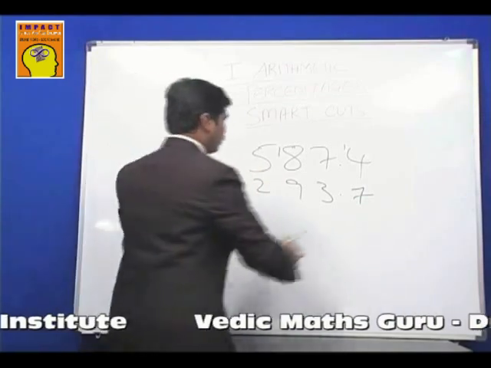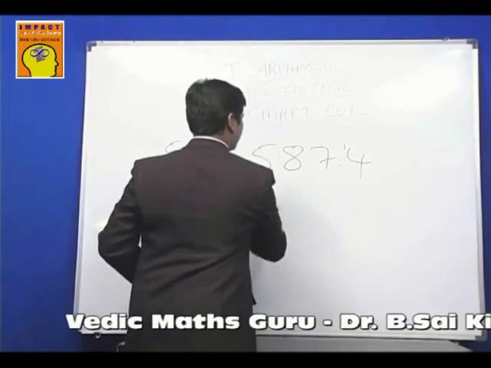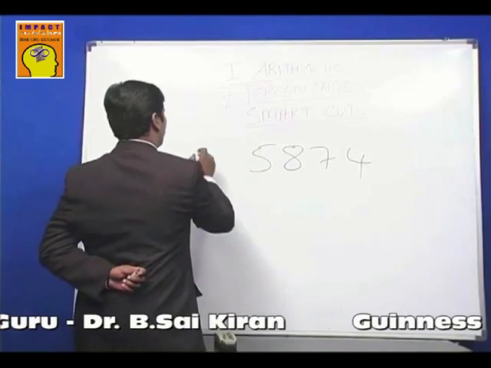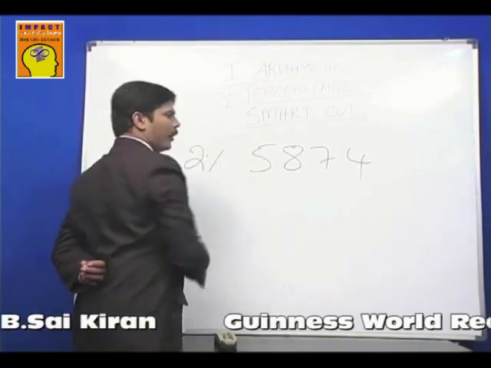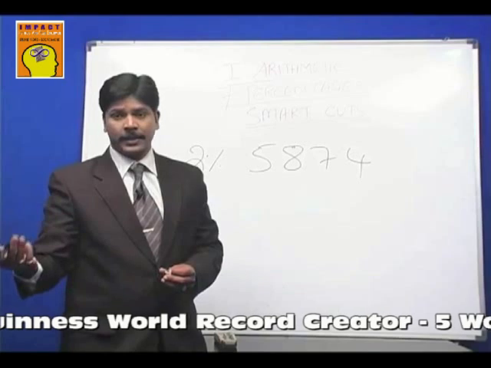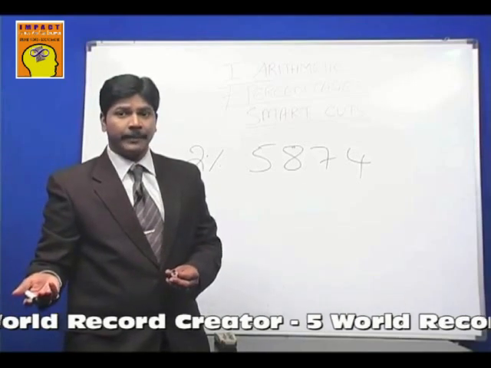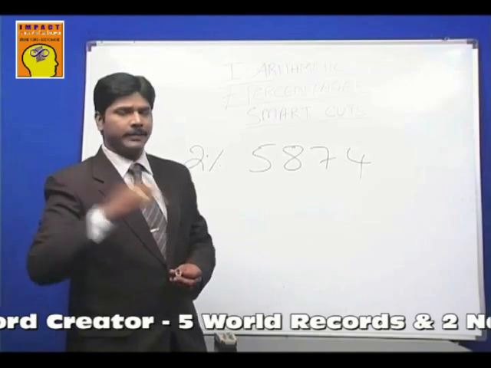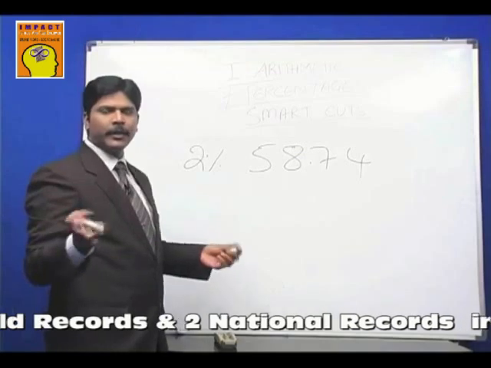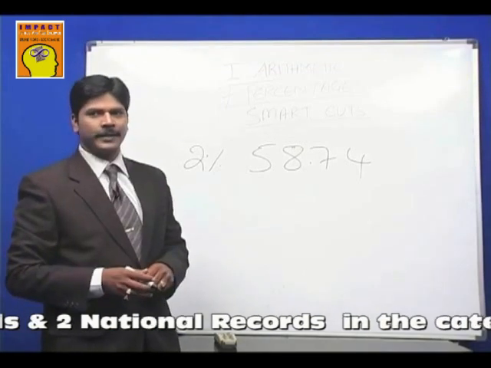Now, if you want to access some other percentages, something like this. You want to access 2%. Okay, this is a commission usually some people get in their business or with some dealings. Okay, and you want to calculate that. Very simple. Now, when you put a decimal point here, it becomes 1%, right? Now double it, you get 2%.